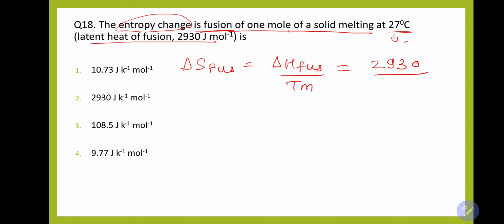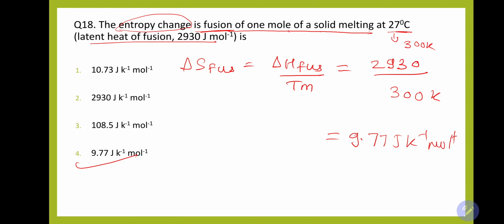It will be 300 Kelvin. So that is divided by 300 Kelvin. What will be the answer? The answer will be 9.77 joules per Kelvin per mole. Understood? You have to just substitute the value at correct places.